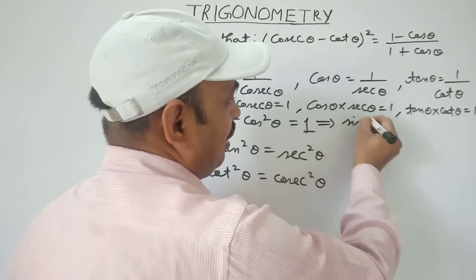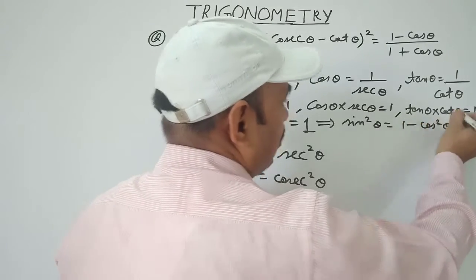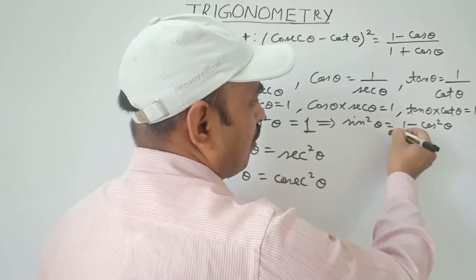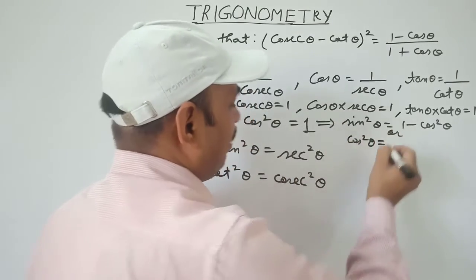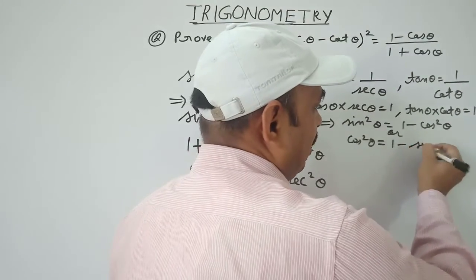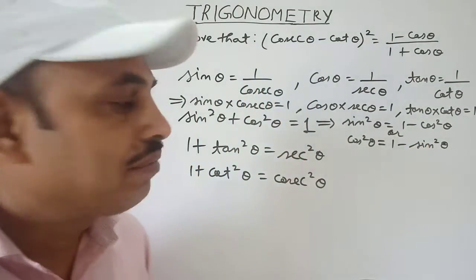By this relation, sin square theta equal to 1 minus cos square theta, or cos square theta equal to 1 minus sin square theta.